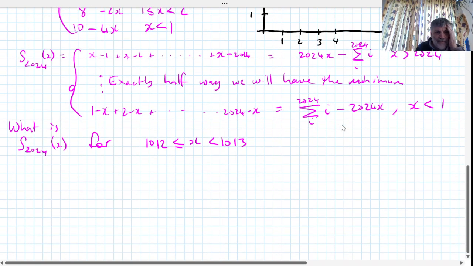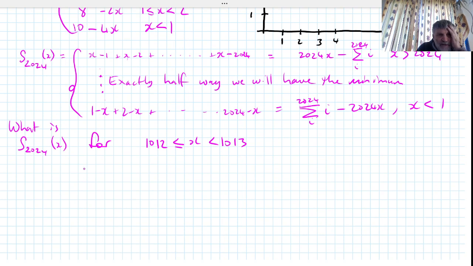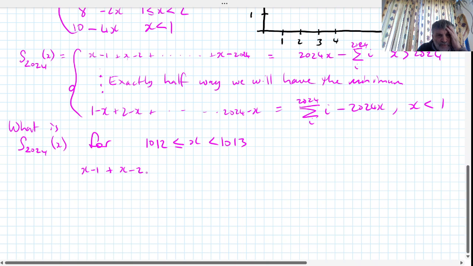That's what we want to know, and that value is going to be x minus 1 plus x minus 2 plus ... plus x minus 1012, and then plus 1013 minus x plus 1014 minus x plus ... plus 2024 minus x.